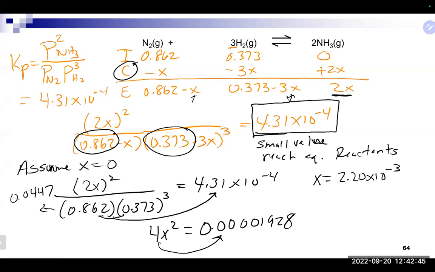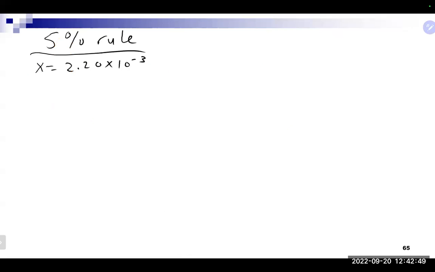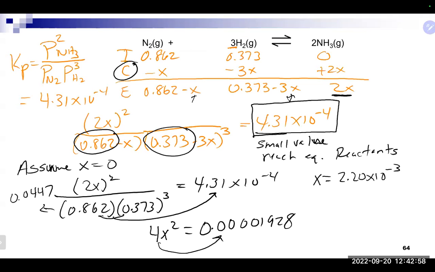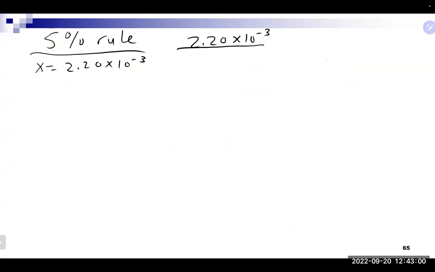If it's more than 5%, not so good. So we'll show you how that works. We take our x value, 2.2 times 10 to the minus 3, divide it by what we were going to subtract it from, so 0.862 in one case, and times it by 100.